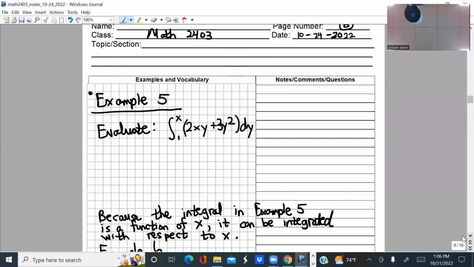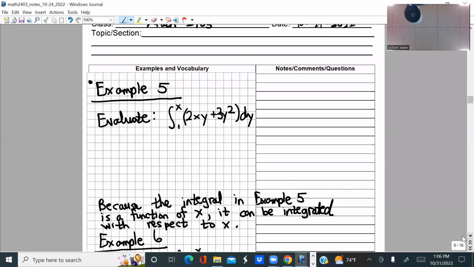I'm going to let you guys try one. Oh, this is kind of the same one, right? But we're going to let our limits of integration here be slightly different, okay? Because remember, x is a constant, so we're thinking of x as being a constant here, right?